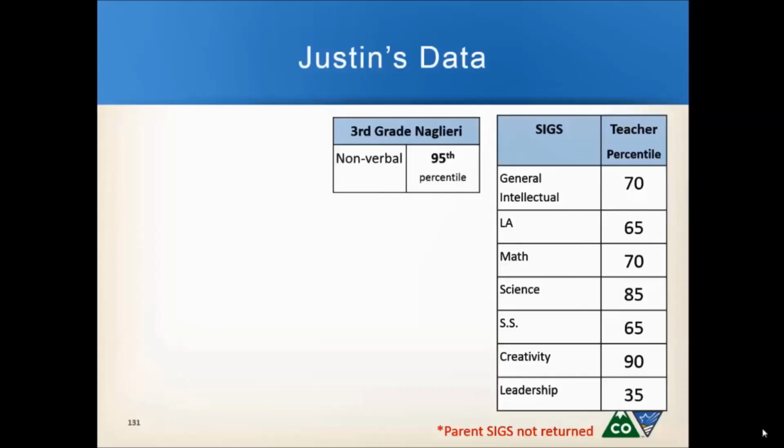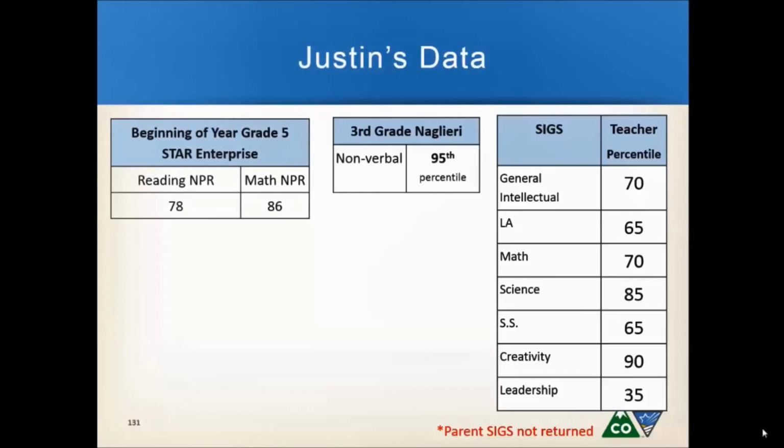The teacher ranked Justin accordingly: the 70th percentile for general intellectual, 65 for language arts, 70 math, 85 science, 65 for social studies, 90 for creativity, and 35 for leadership. It was also noted in his records that a parent SIGS was sent home but was never returned.